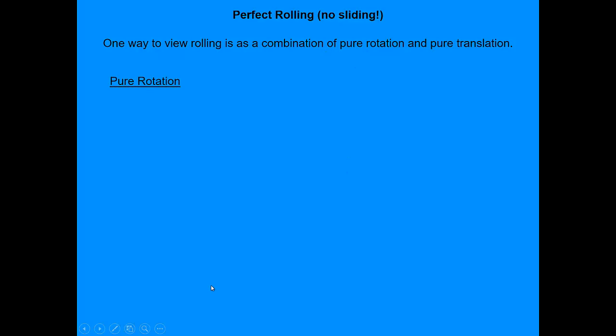So from the standpoint of pure rotation, we're just going to look at the rotation of the rolling object, right? And it is rotating with an angular velocity we will call omega. And in the picture, on the previous slide, it was rotating clockwise. Well, in this case, if we're looking at it as pure rotation, the center of mass isn't moving at all.